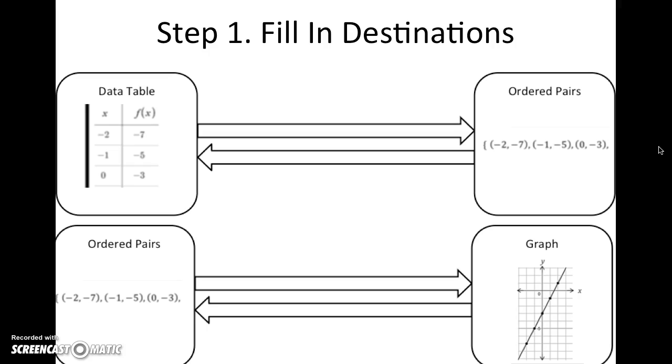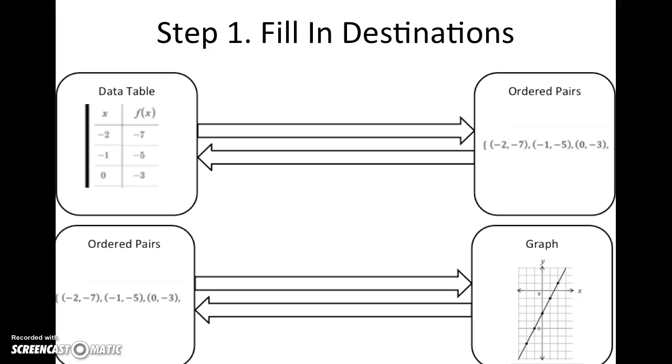Okay, so now let's go into the steps. The very first step that I recommend is you fill in the destinations. What I mean by that is where it says data table, you fill in a data table. Where it says ordered pairs, fill in ordered pairs. For graph, the graph, and so on. I used the example in that handout that I showed you and you were using during class.